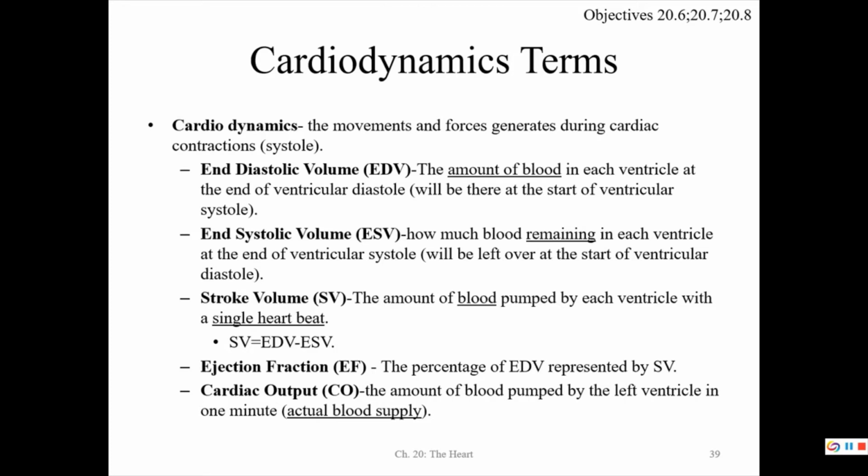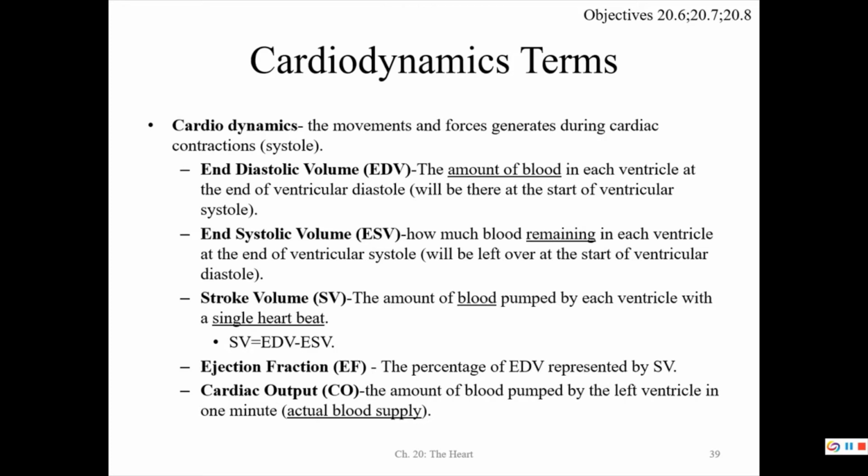Usually we have to go and do some math, but sometimes we have to accurately measure it. But usually we estimate it, using blood pressure, doing a calculation, and with heart rate, we can go and find a cardiac output.